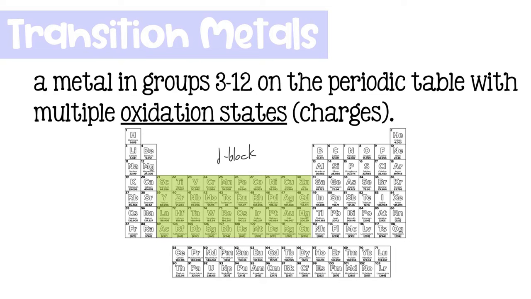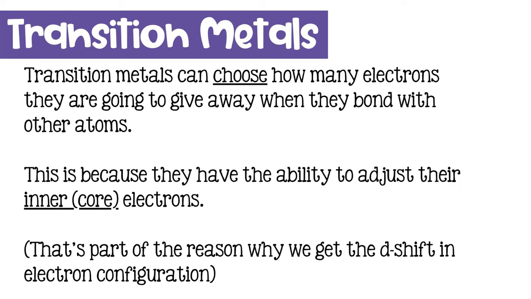Now, each transition metal can have multiple oxidation states or charges depending on what it is bonded to. This means that transition metals can choose how many electrons they're going to give away when they bond with other atoms.